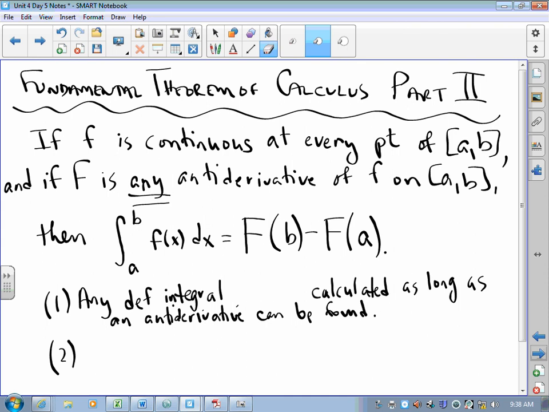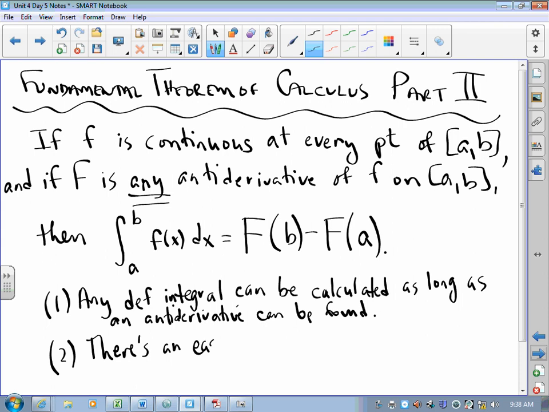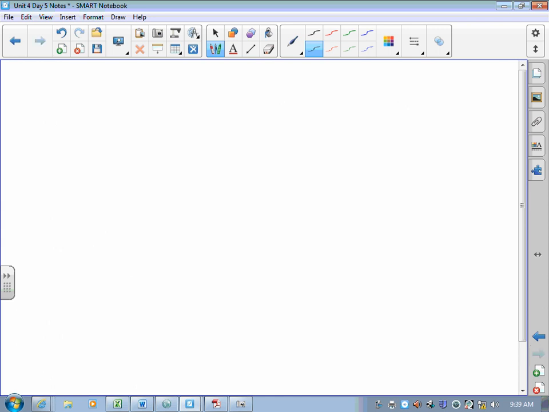Two, there's an easy recipe for definite integrals. You just take any antiderivative, substitute, substitute, and subtract, and you're done. So how's that look?